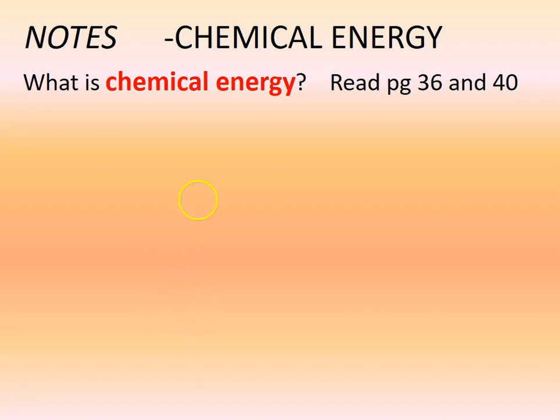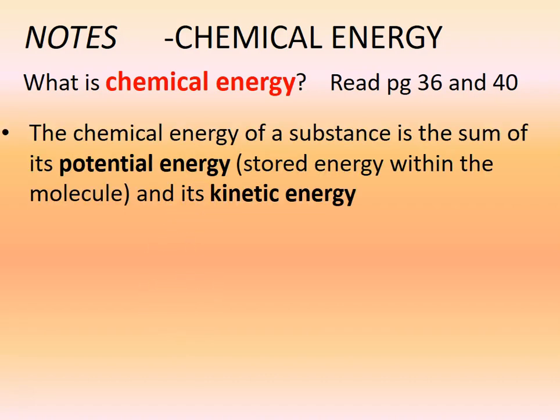So what is chemical energy? It's kind of a whole lot of things. The chemical energy of a substance is the sum of its potential energy, so stored energy in the molecule, which is generally because you've got one atom bonded to another atom, and the electrons in the bond will have different amounts of energy depending on the type of bond, whether it's carbon to carbon or carbon to hydrogen or a double bond.